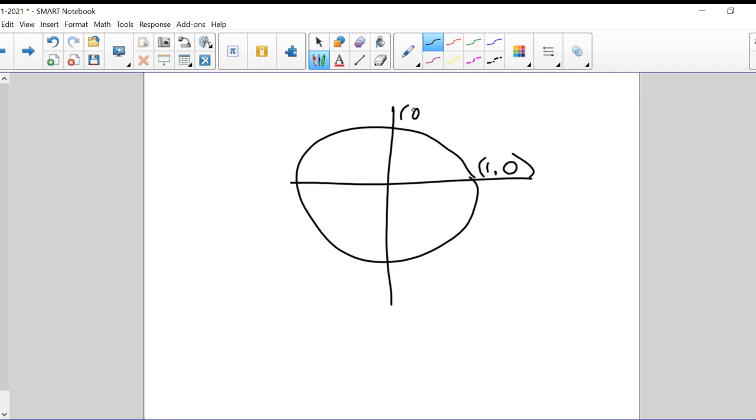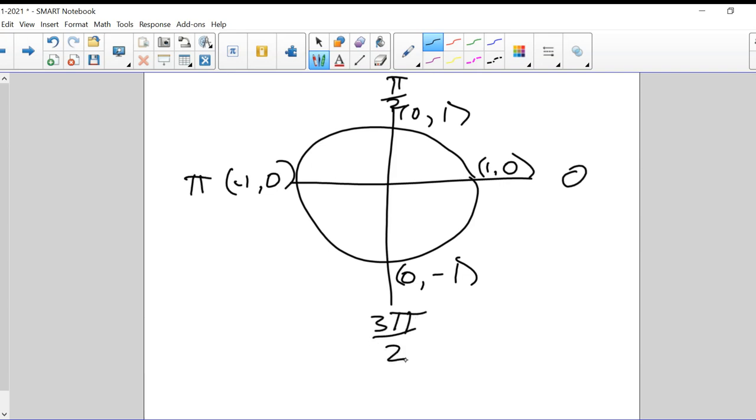This would be 0, 1. This would be minus 1, 0. And this would be 0, minus 1. So if you're going in a negative direction, and by the way, this would be 0 degrees. This would be pi over 2. This would be pi. This would be 3 pi over 2, going in a positive direction.